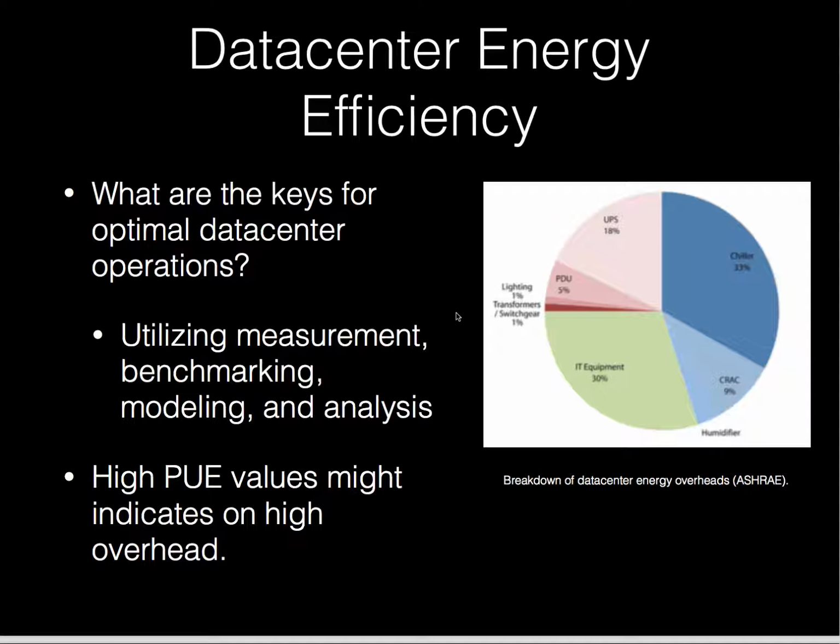It's a huge battery farm that is supposed to give you up to 10 minutes from the power outage until the diesels kick in. And the cost for this UPS, for this battery farm, excuse me, as you see, is 80%. High PUE values might indicate high overhead.